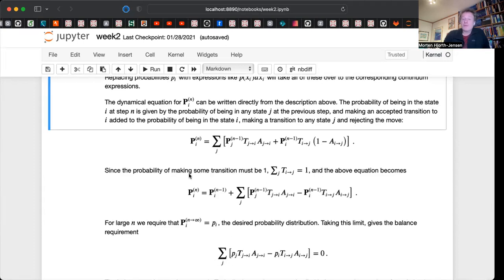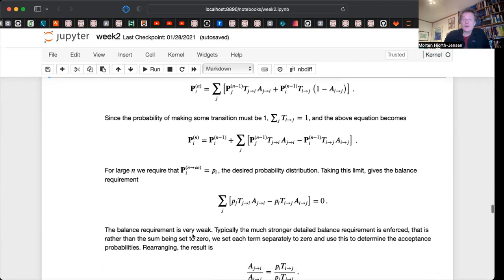And since the probability of making some transition has to equal 1, these probabilities obviously normalize to 1. When we look at the second term here, we can sum that up and single out this specific term. This term we can isolate, and we are left with the probability, which I just replaced with a pi here, when we take the limit n goes to infinity, because in that limit this term equals this term.